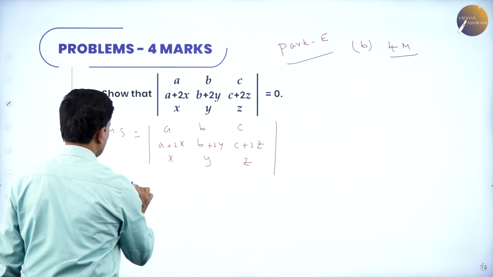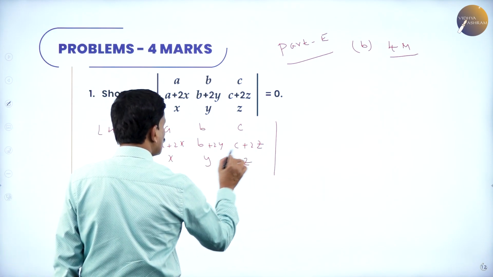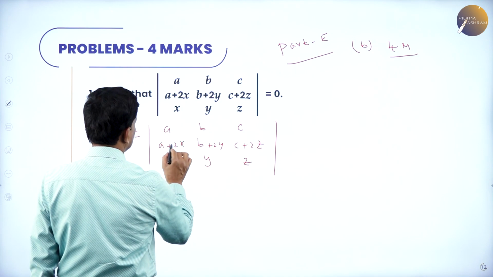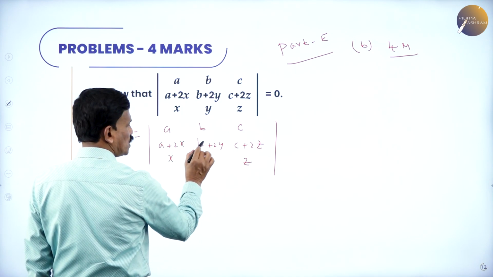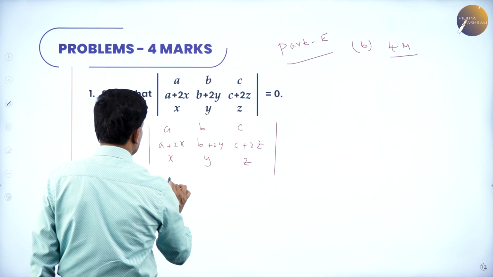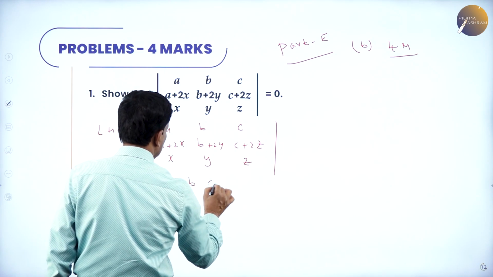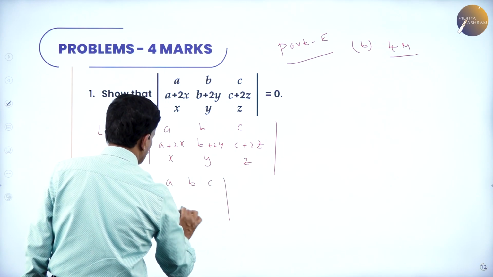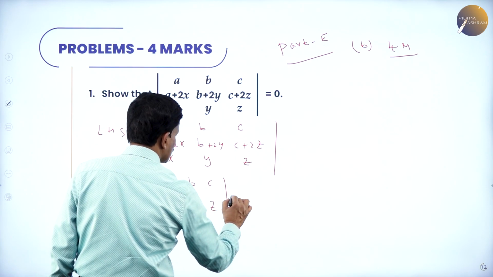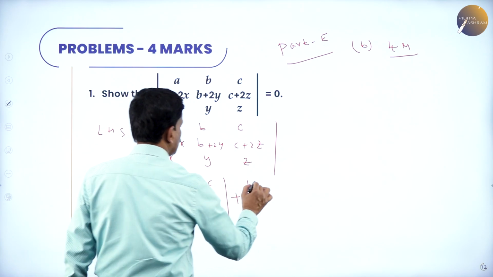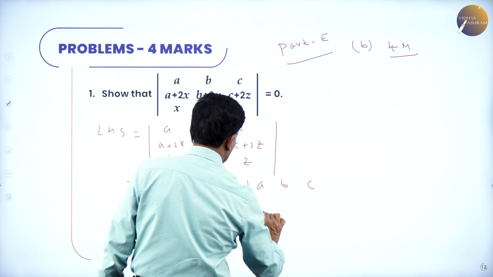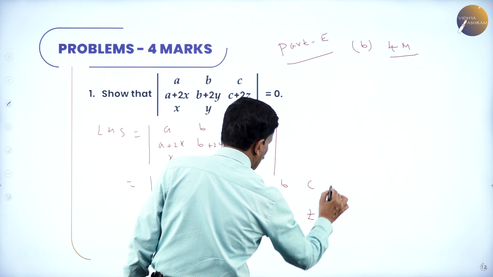If you observe carefully, this contains sum of two elements, A plus 2x, B plus 2y, C plus 2z. So we can split like this: A, B, C, with the third row x, y, z as it is, plus again A, B, C, the third row x, y, z as it is.